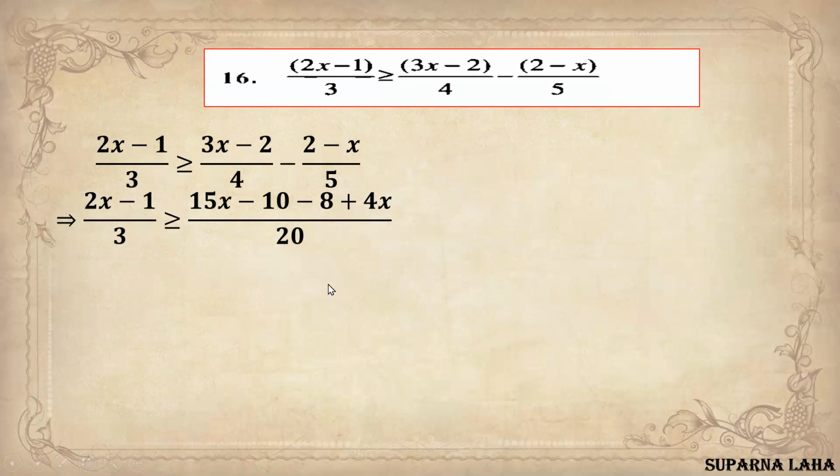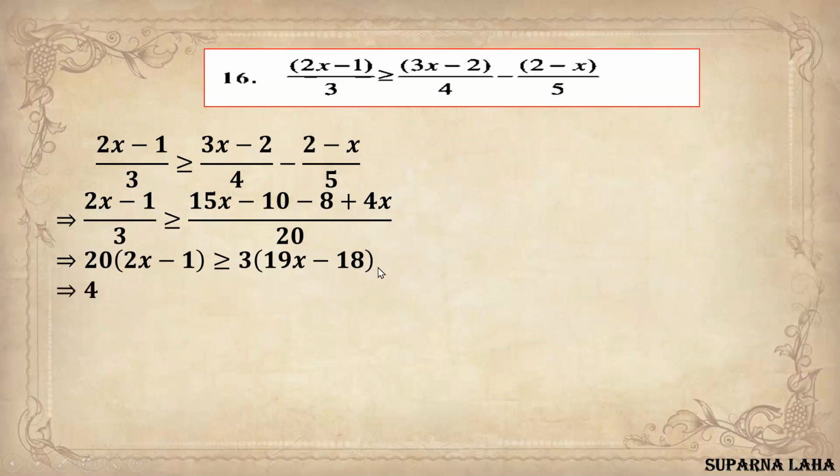Now cross multiply: 20 into (2x minus 1) and 3 into (15x plus 4x, that is 19x, and minus 10 minus 8, that is minus 18).